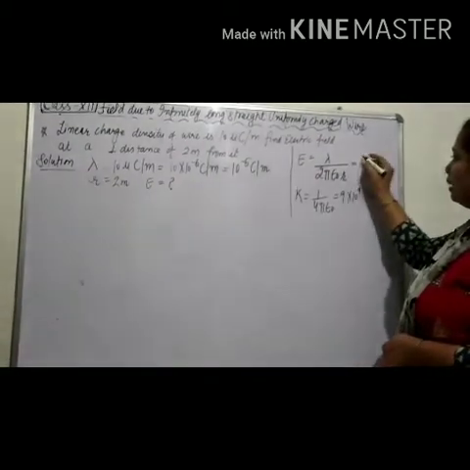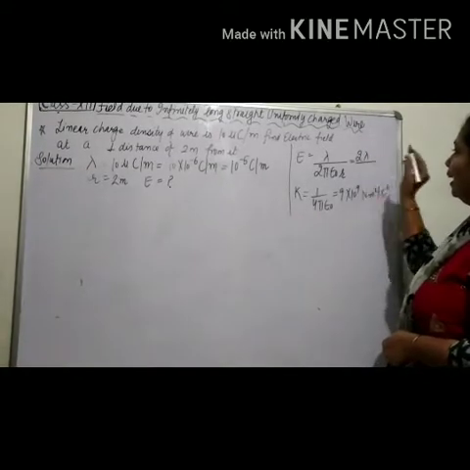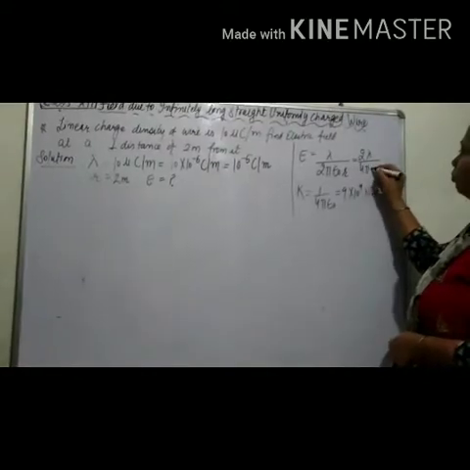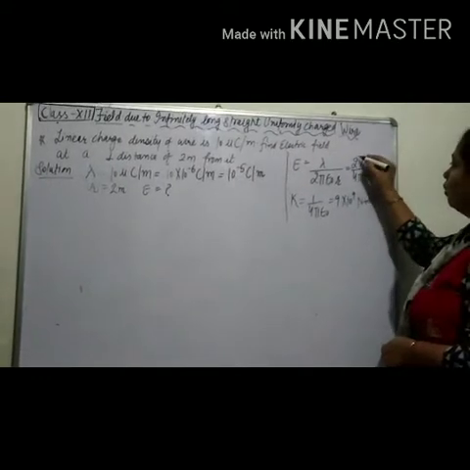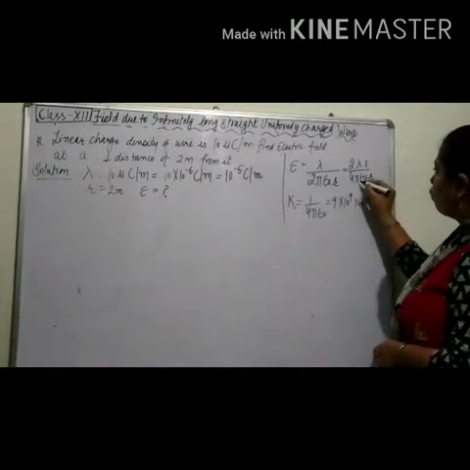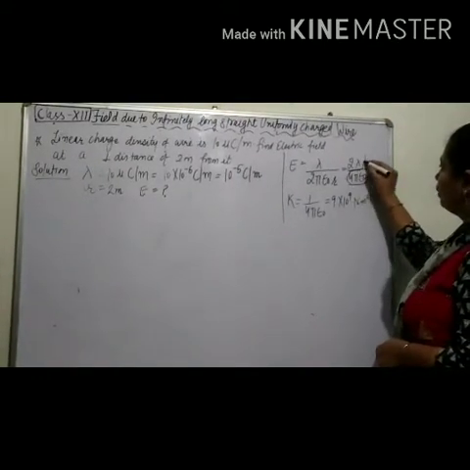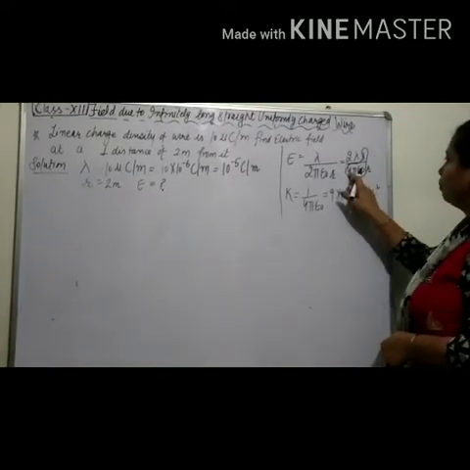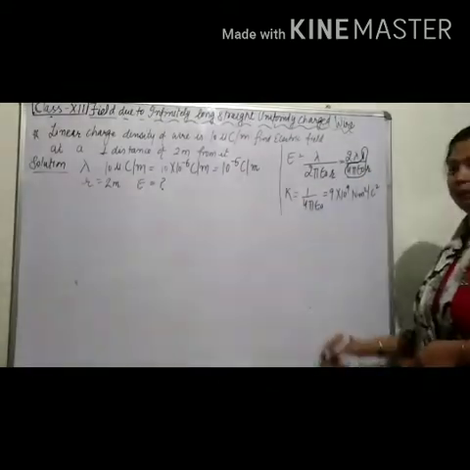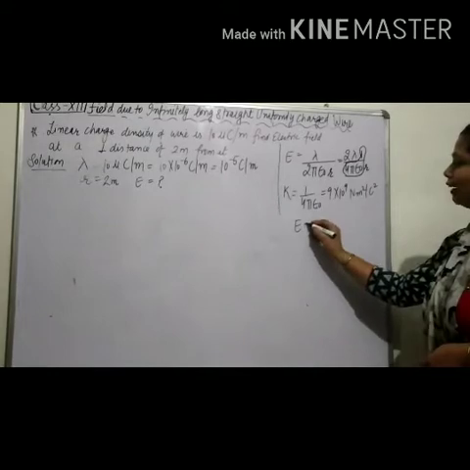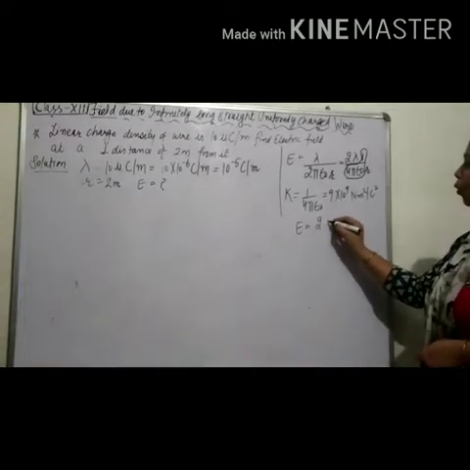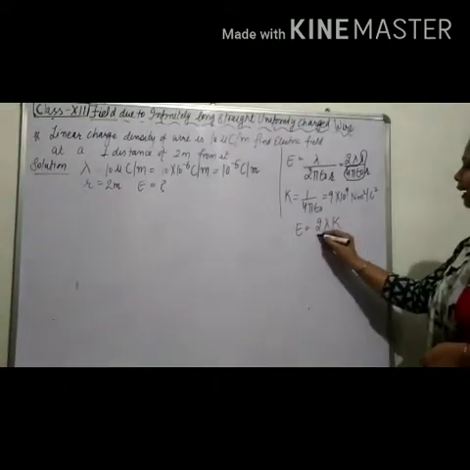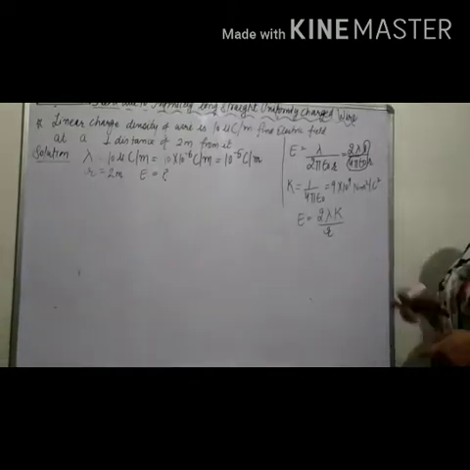So I will multiply numerator and denominator by 2. Now 1 upon 4 pi epsilon naught is k. So what will be the formula for electric field? 2 lambda k upon r.